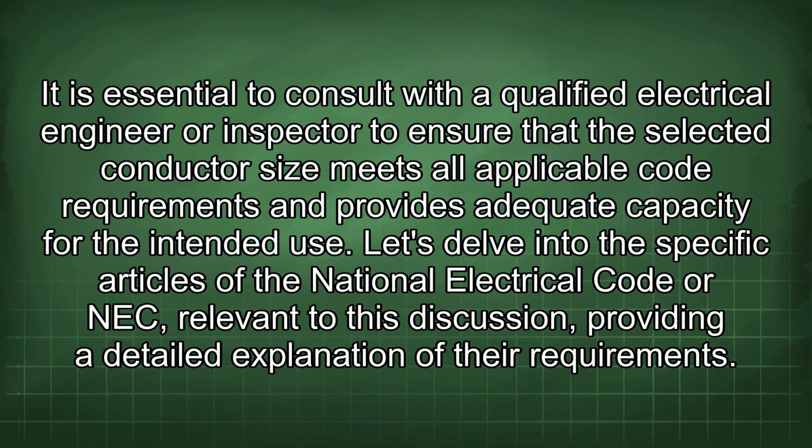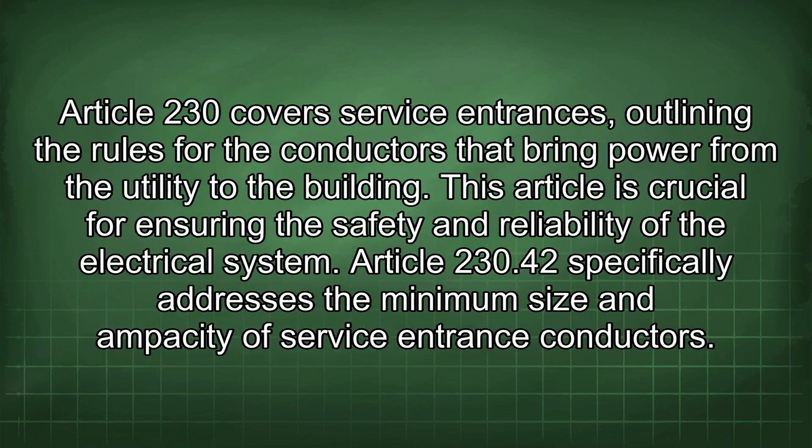Let's delve into the specific articles of the National Electrical Code, or NEC, relevant to this discussion, providing a detailed explanation of their requirements. Article 230 covers service entrances, outlining the rules for the conductors that bring power from the utility to the building. This article is crucial for ensuring the safety and reliability of the electrical system.